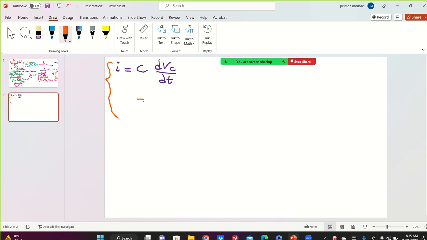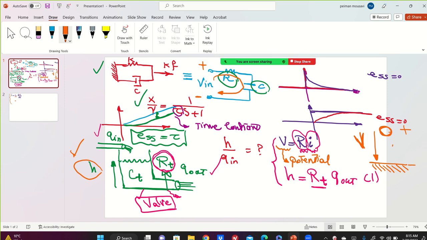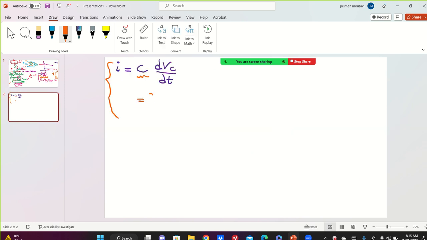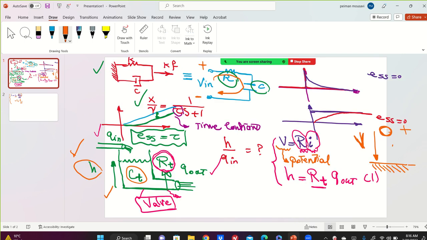So obviously this C is what here? Capacitor. Look at this figure. Yes, CT, tank capacitor. Capacity, CT. d over dt. So we said, what is the voltage? H.